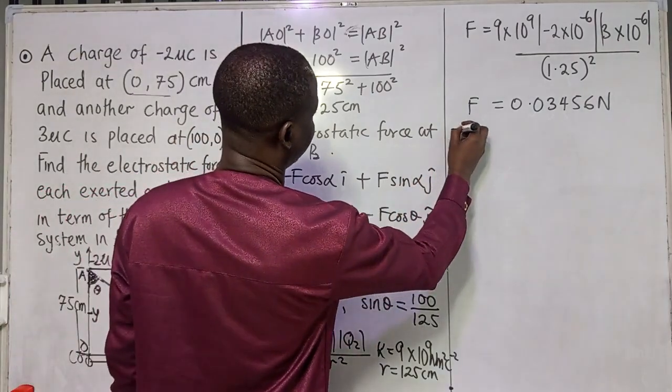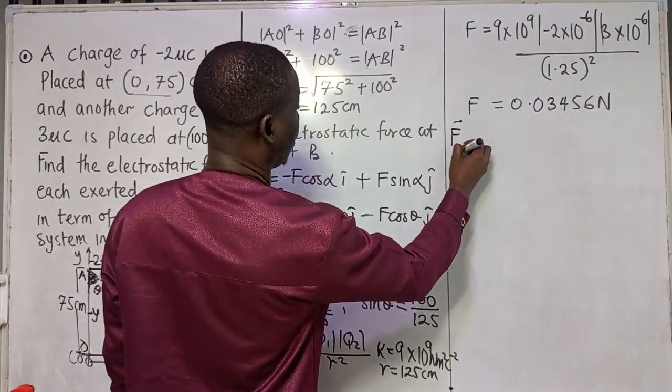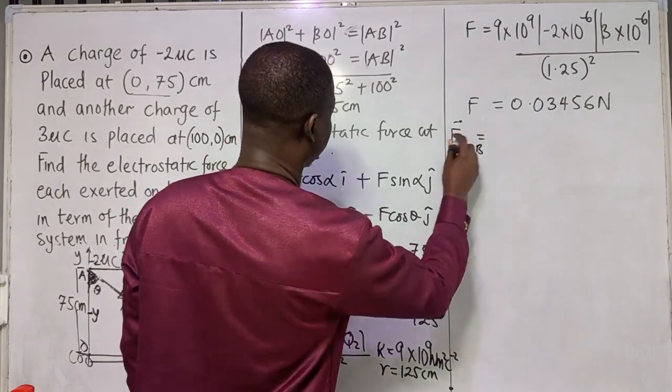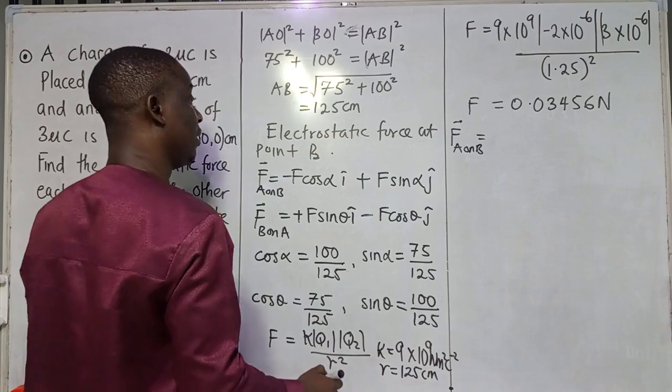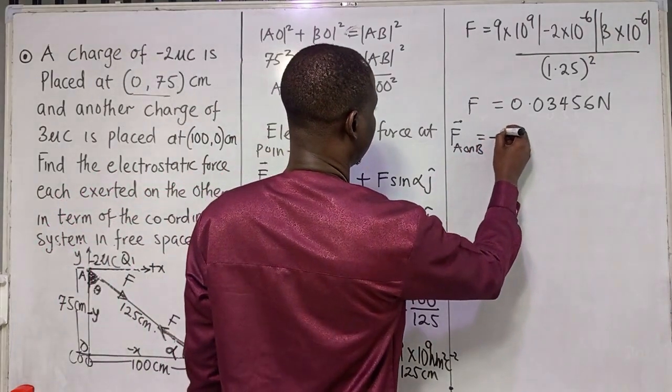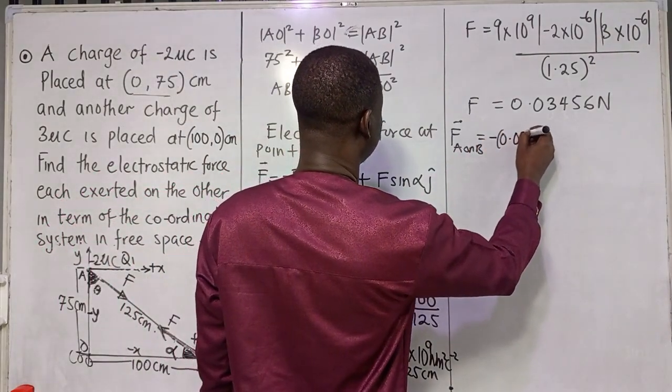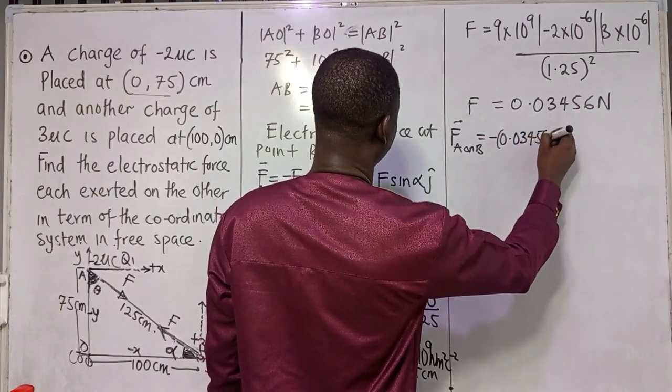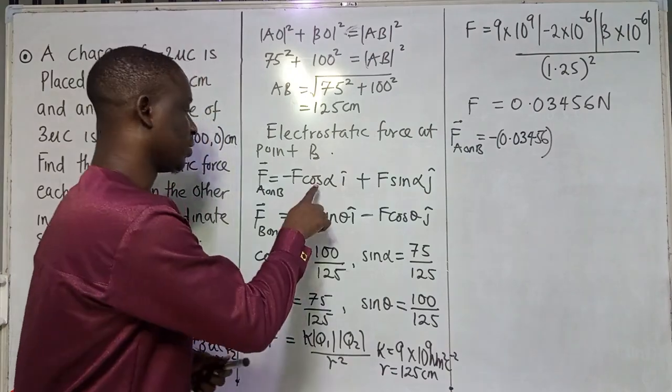Now, F of A on B, that means the electrostatic force of A on B, will now be minus 0.03456. What is cos alpha?